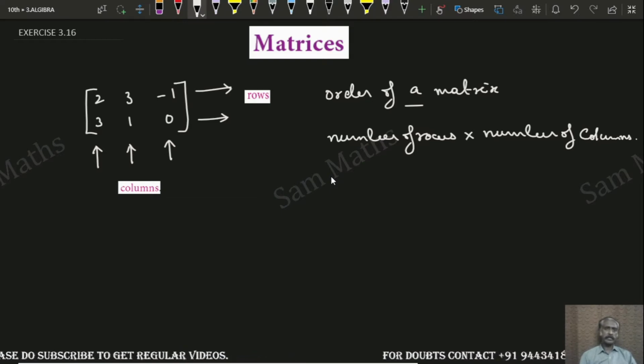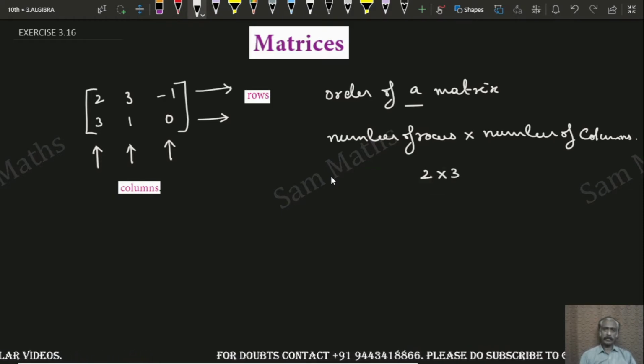Here in this example we have only 2 rows and 3 columns. Therefore the order is 2 by 3. The first one always indicates the row, and the second one indicates the column.